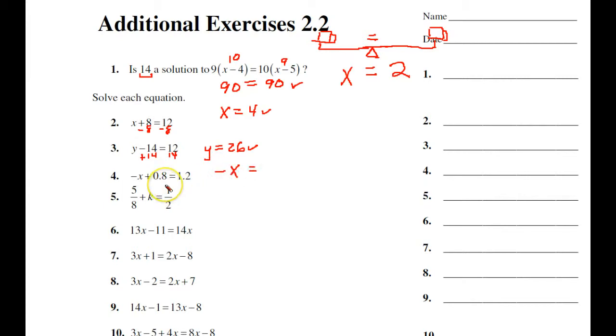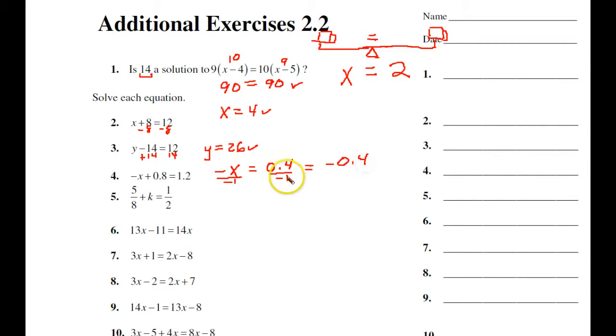I'm going to add or subtract this from both sides, and we get 0.4 when we subtract this from both sides. And now, in order to get a positive x, we have to divide by a negative 1 on both sides. So this then becomes x equals a negative 0.4.